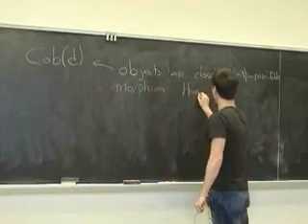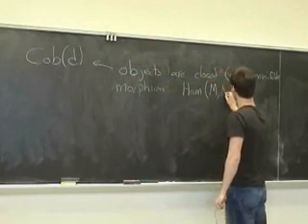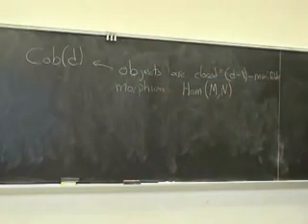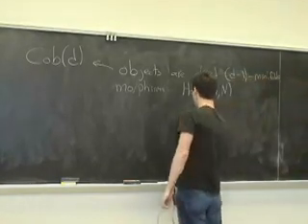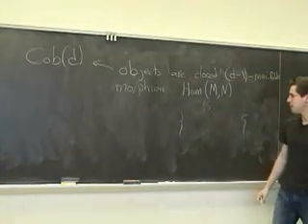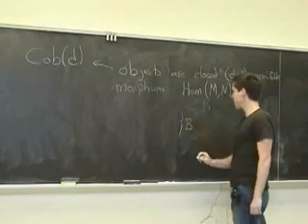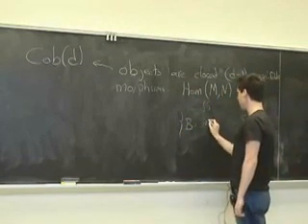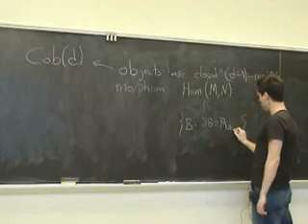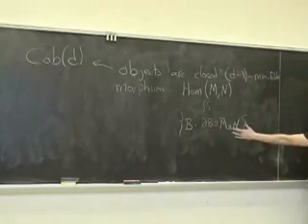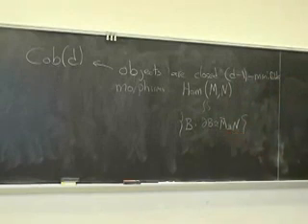So if I give you 2 closed d minus 1 manifolds M and N, Homs from M to N is going to be the collection of Cobordisms from M to N, that is, d-manifolds B, such that the boundary of B is identified with the union of M and N, say where N's orientation has been switched.